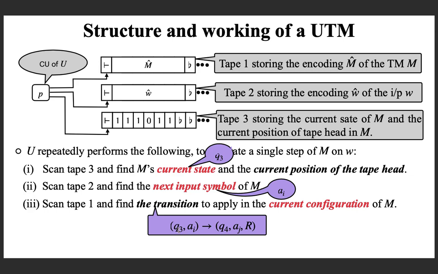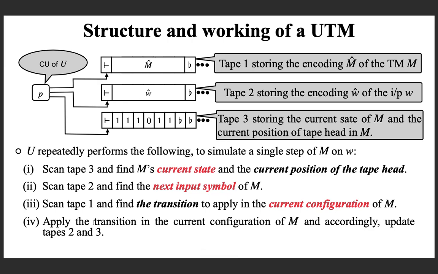Then you need a transition for AI from Q3, and suppose the transition is this. You change your state to Q4, replace AI with AJ and move right. You find that transition from here. Depending on the LHS that you have from here, you find the transition. Okay, so scan tape 1 and find the transition to apply in the current configuration of the machine M.